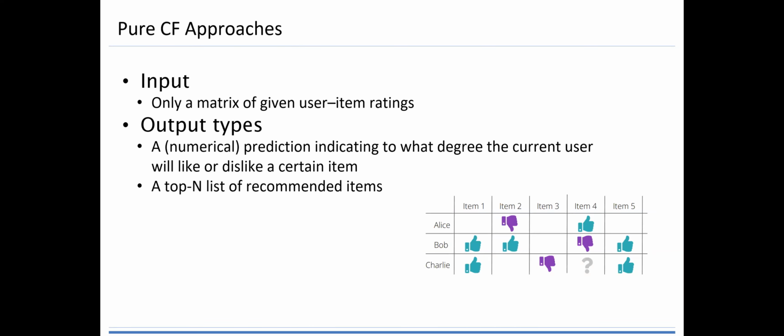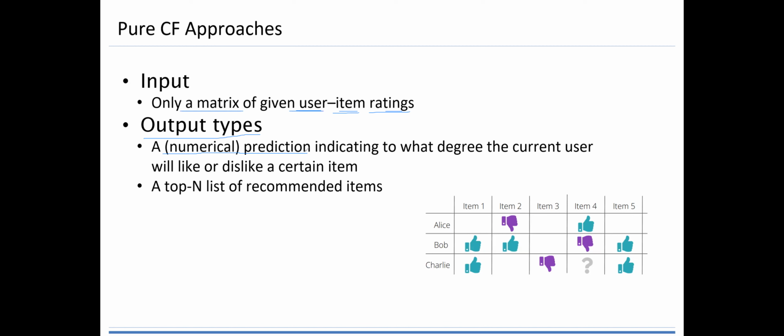So the input, we need to understand the input. When we learn about the data, the input will be users, items, and ratings. In the pure CF approaches, the input is only a matrix of users, items, and ratings. The output will be a numerical prediction, meaning a number.